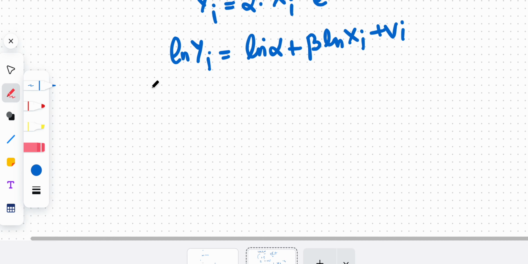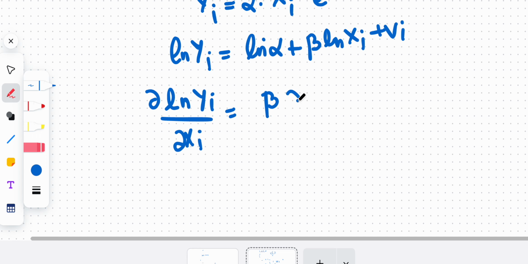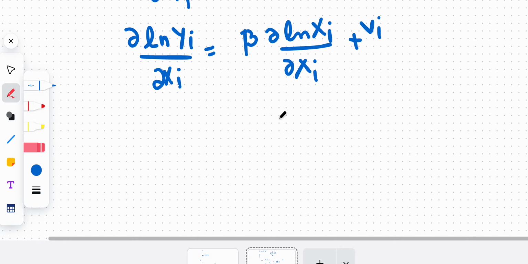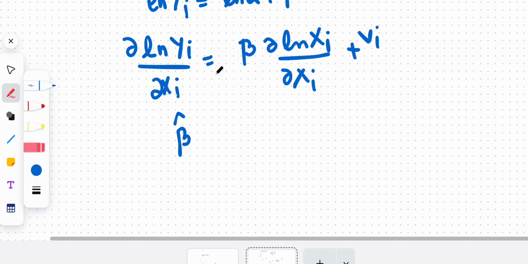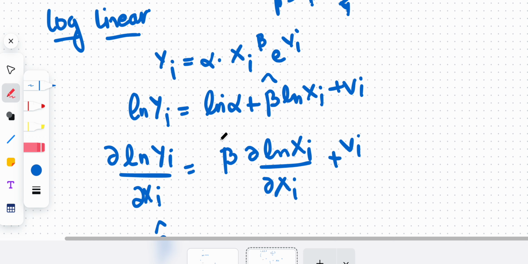Now here if I differentiate this with respect to x, it would be... Right, so this will somehow become a little like, did I not take cap? It was meant to be a cap.